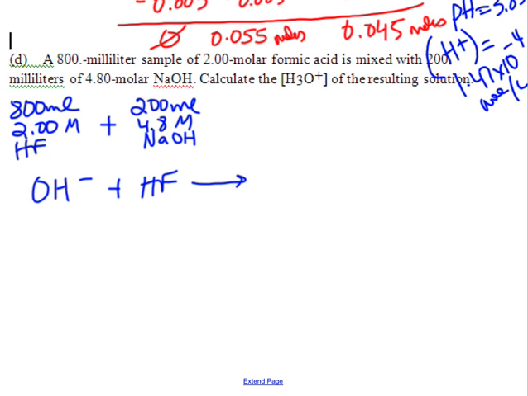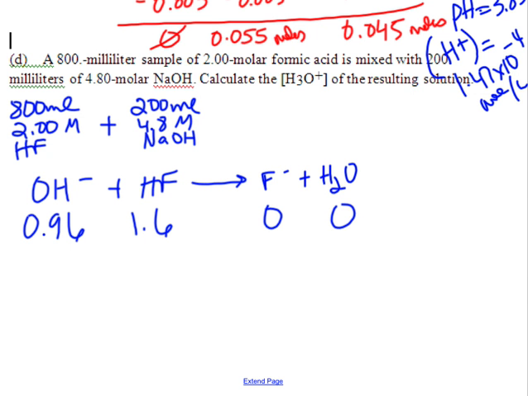So what is our equation? F minus plus H2O. All right. So what's our moles of OH? It's 0.2 times 4.8. All right, and HF is 2 times 0.8. 1.600. Oh, poor little OH minus.